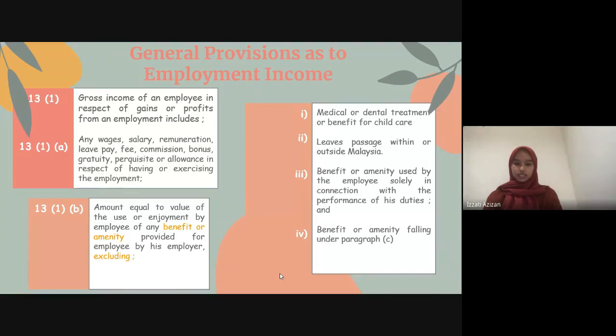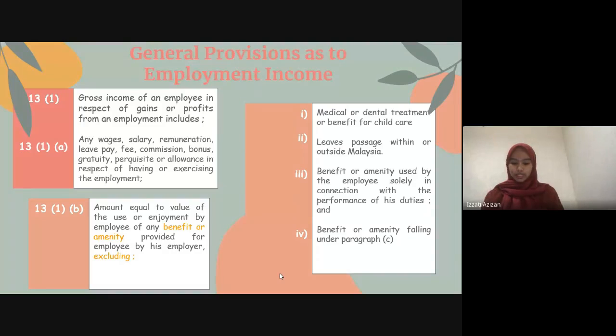Section 13, subsection 1, states that gross income of an employee in respect of gains or profits from an employment includes, under section 13(1)(a), any wages, salary, remuneration, leave pay, fee, commission, bonus, gratuity, perquisite or allowance in respect of having or exercising the employment.